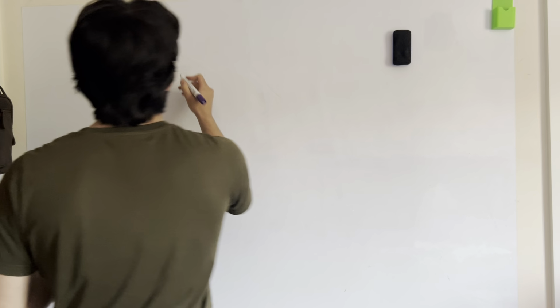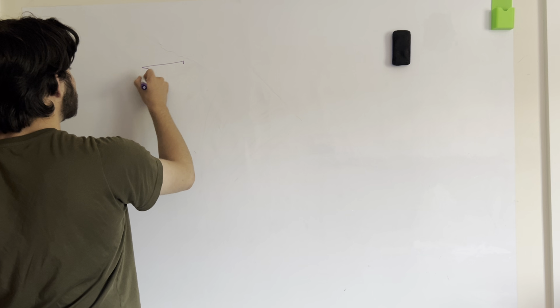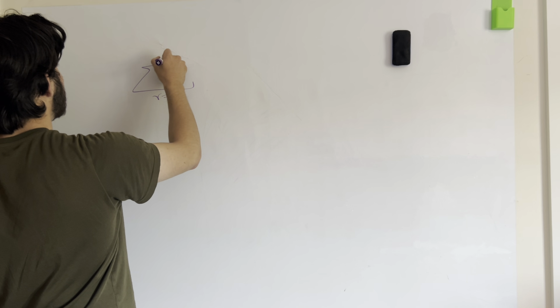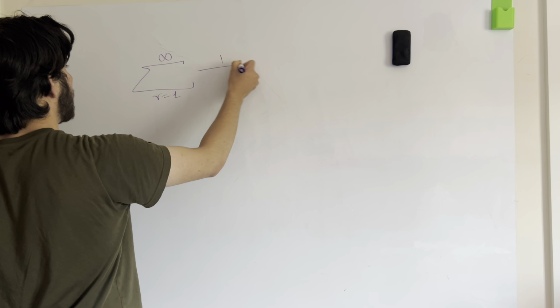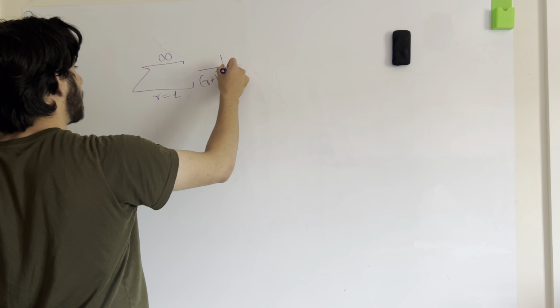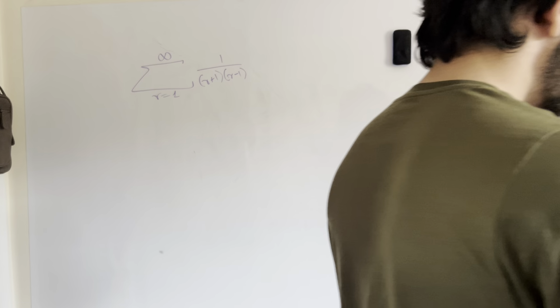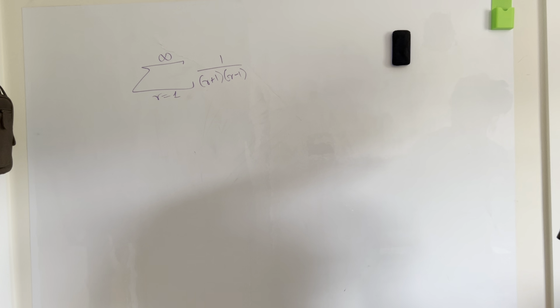So I think I'll go through the sum r equals 1 to infinity of 1 over (r plus 1)(r minus 1). So exact same steps as before.